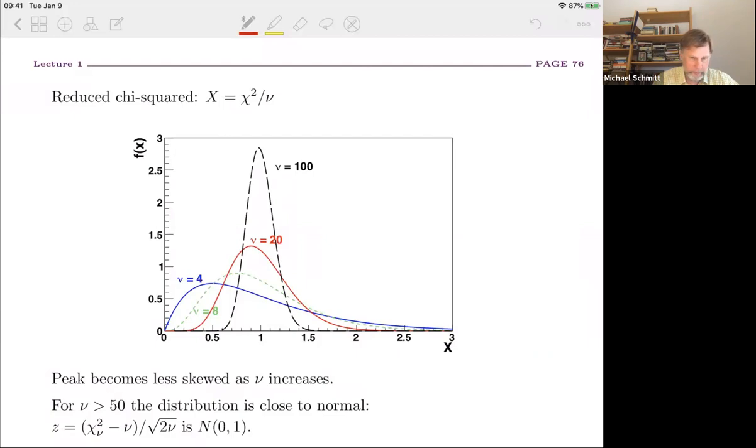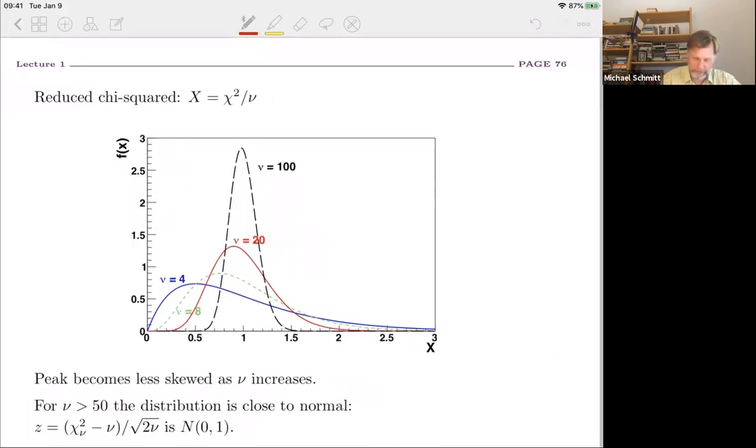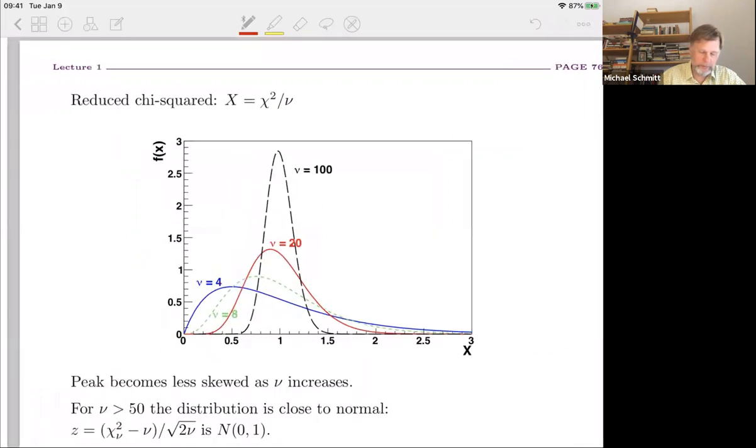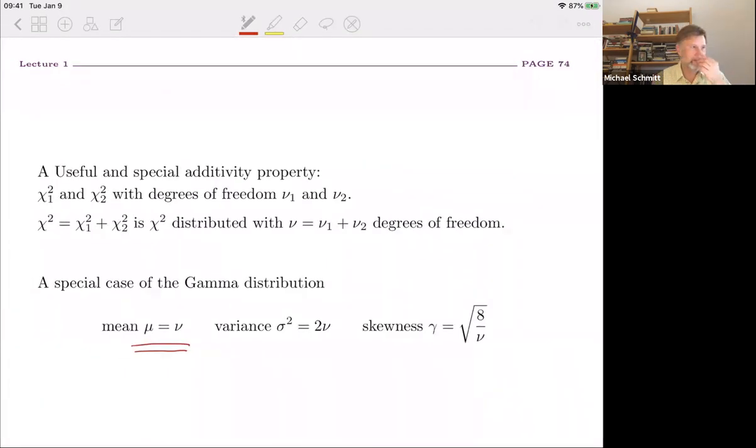It becomes closer and closer to a Gaussian, and in fact, you can even use a Gaussian as an approximation. We will use these properties of the chi-square distribution when we talk about fitting, curve fitting, and so on.